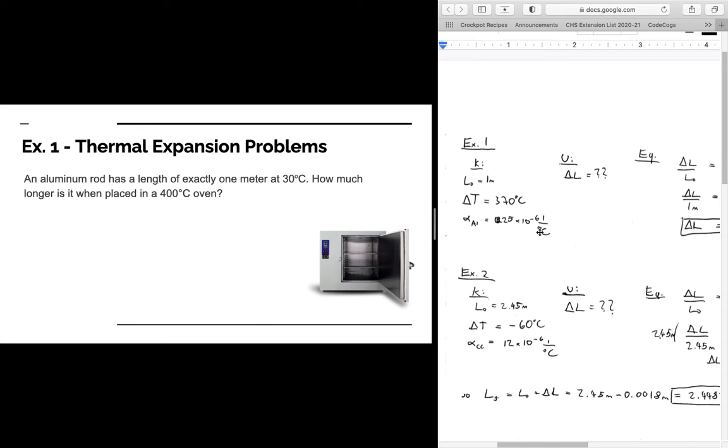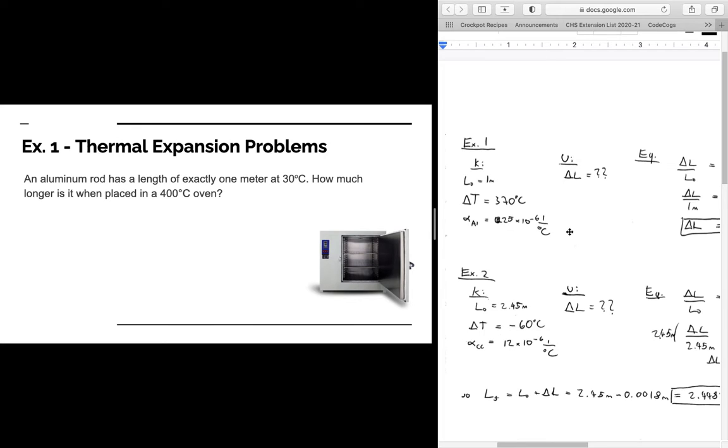You'll be given the expansion coefficient in problems, or at least a sheet with expansion coefficients. So the expansion coefficient of aluminum is 25 times 10 to the negative 6 per degrees Celsius. Okay? I believe I forgot to cover this, but the units for expansion coefficient are per degree Celsius, just 1 over degrees Celsius. Okay? And then our unknown is our delta L.